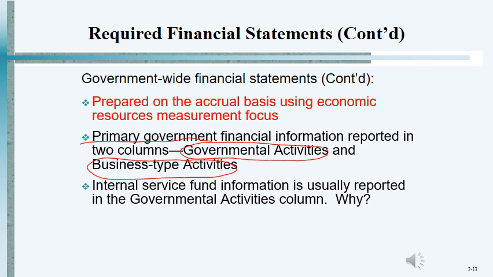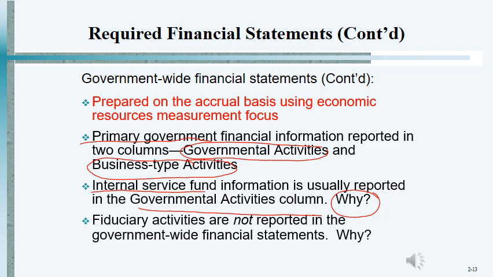And remember, we have said that the internal service fund is reported under governmental activities. The why being that most of the customers of the internal service fund are the other governmental funds. So even though the internal service fund is a proprietary fund at the individual fund level, we report it under governmental activities at the government-wide level.